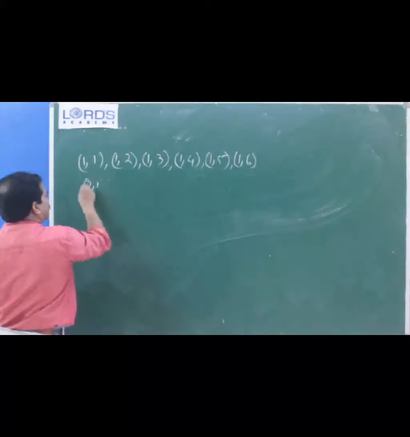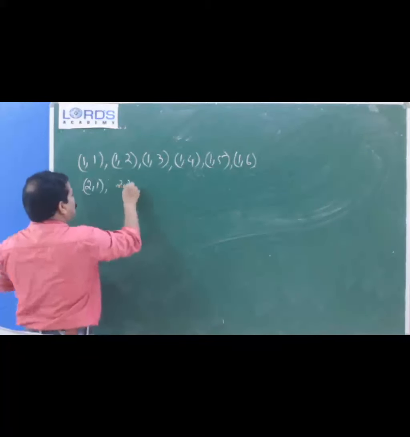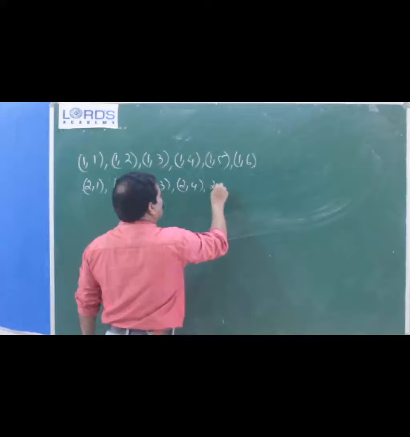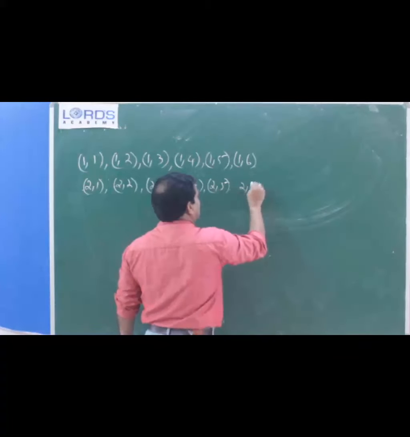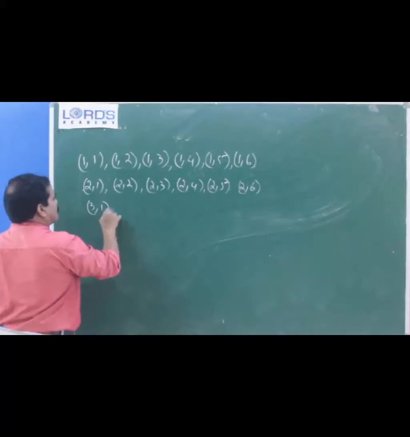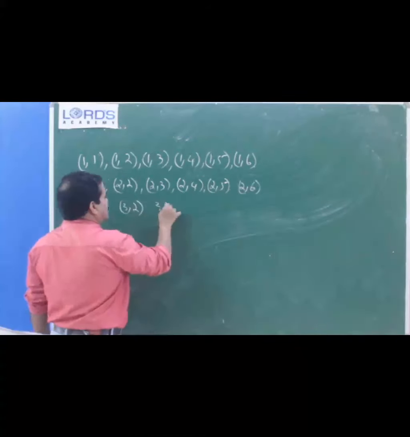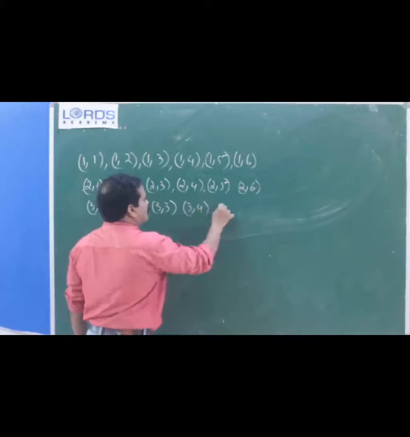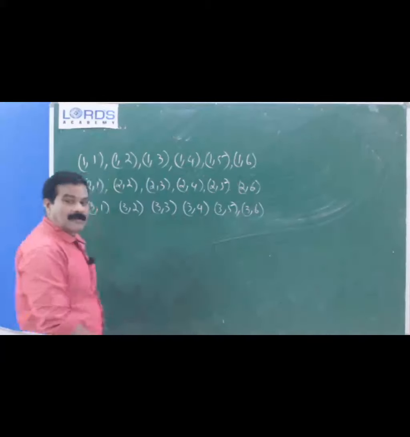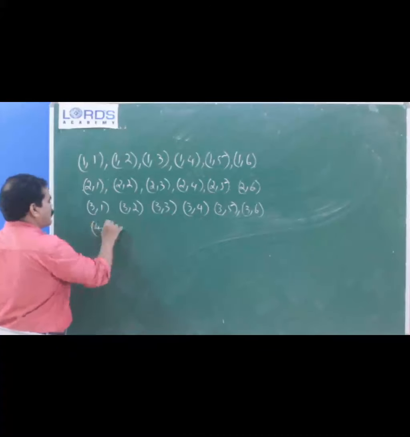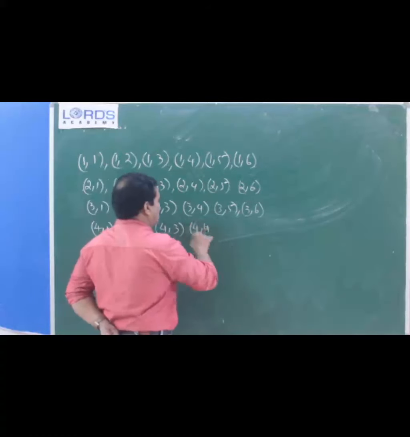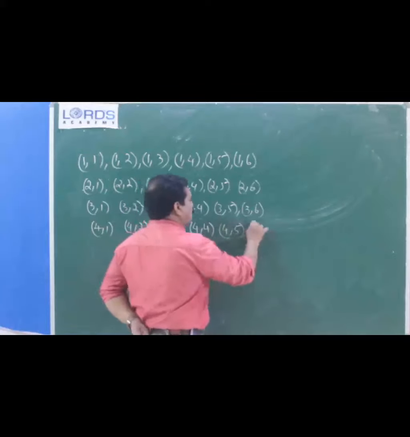The next 2 1, all of you write this, 2 1, 2 2, 2 3, 2 4, 2 5, 2 6. 3 1, 3 2, 3 3, 3 4, 3 5, 3 6. Then 4 1, 4 2, 4 3, 4 4, 4 5, 4 6.